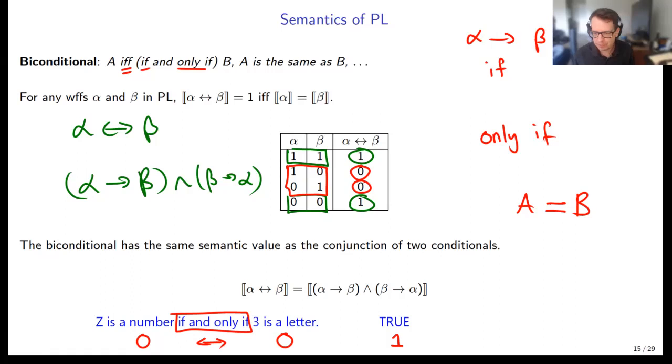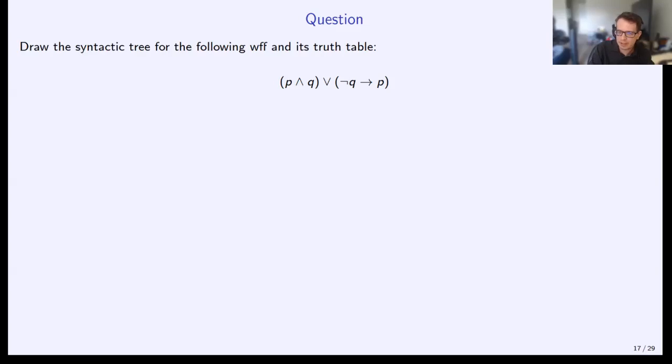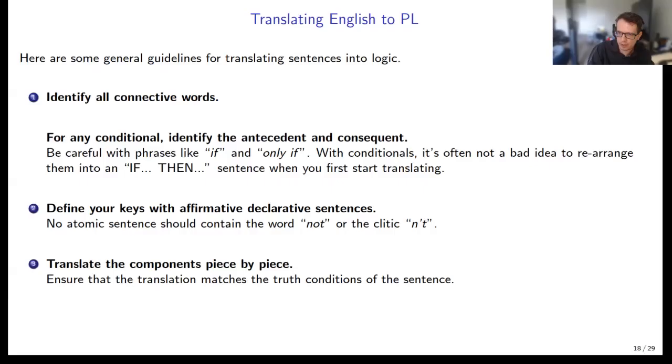Okay, so I know going through all the truth values of different things can seem like a lot, especially going with the English equivalents of words. But on Friday, what we're going to do is we're going to put them together. We're going to see how to build truth tables using these different operators, how to do a syntactic tree and a truth table all at once.